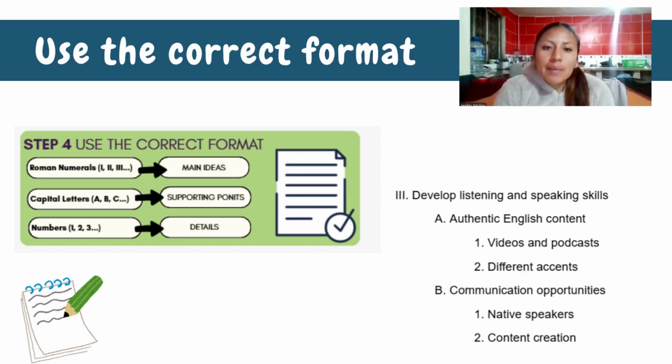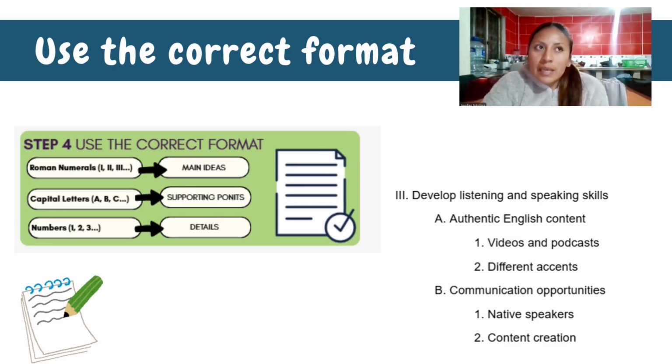The next step in our infographic is using the correct outline format to organize our ideas clearly. We follow the format present in our course material. We use Roman numerals for the main sections, capital letters for the supporting points, and numbers for the specific details.